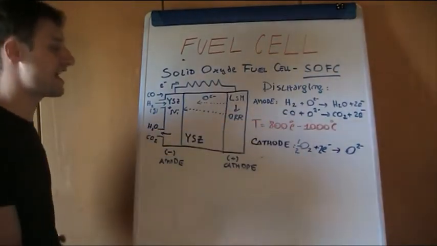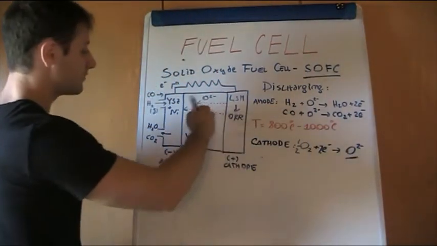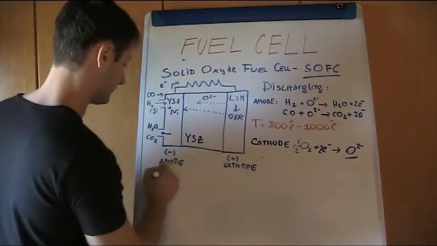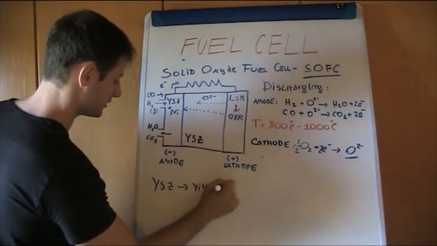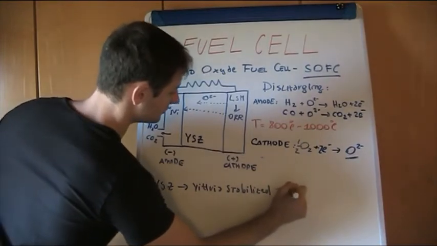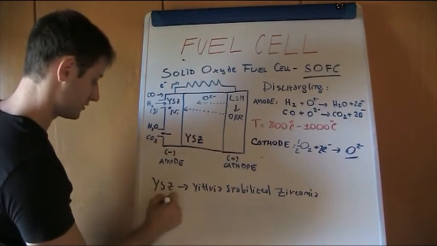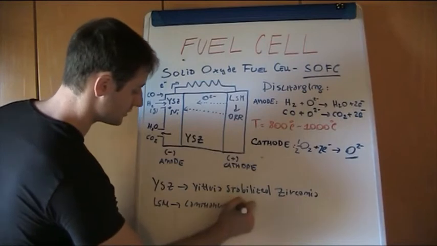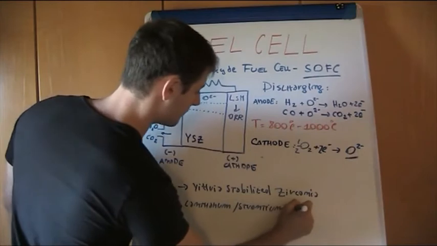So what's happening is that this reduction occurs, we have the generation of this species that can migrate in the yttria-stabilized zirconia. So this stands for yttria-stabilized zirconia, and this stands for lanthanum strontium manganite.